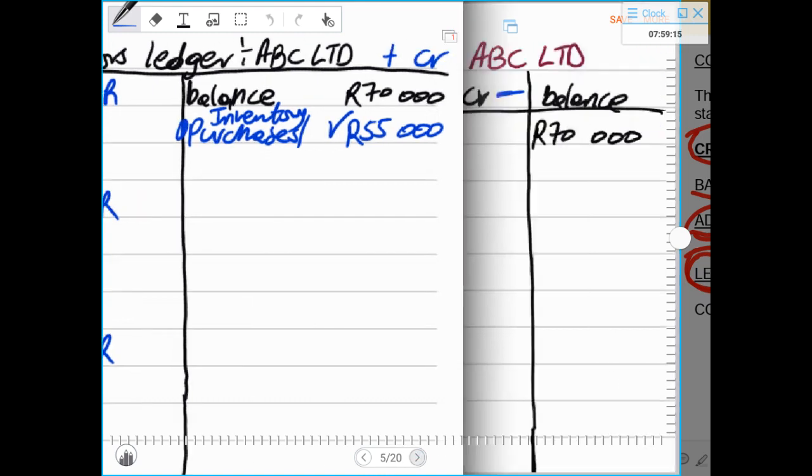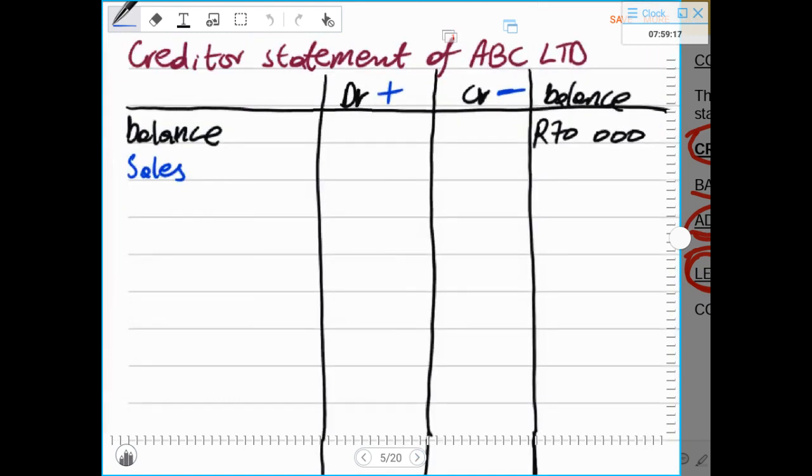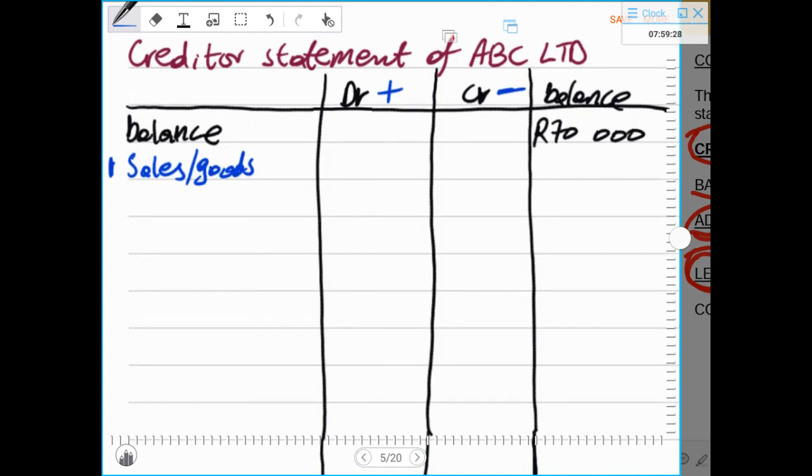Then after we go and we check the same date on the statement where they say sales or goods, sometimes they can say goods. Assume that they have recorded this as 55,000 and it's a correct amount, and they record it on the credit side.